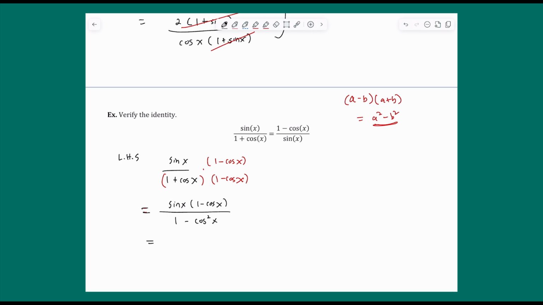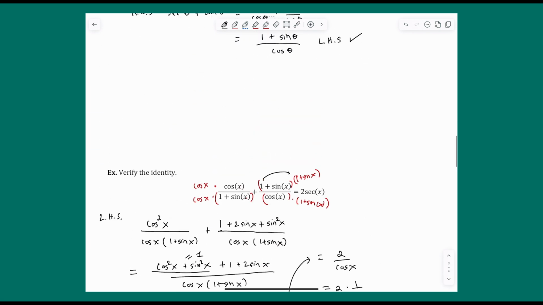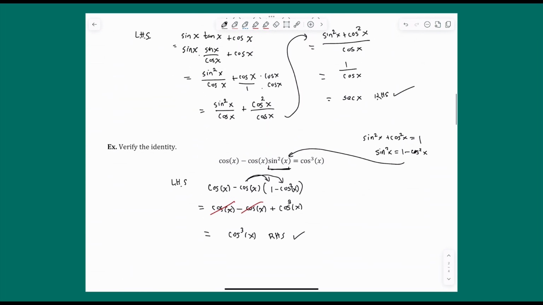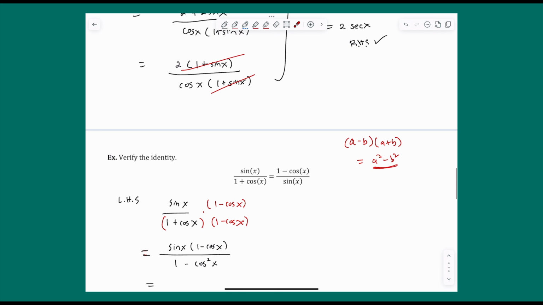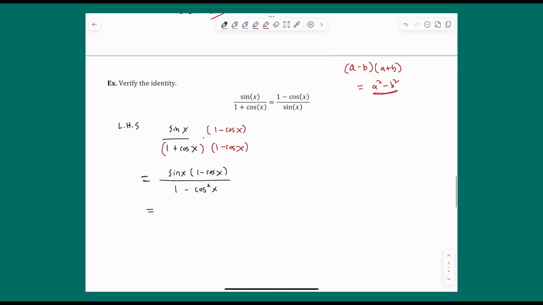And earlier we showed that the Pythagorean identity is equivalent, 1 minus cosine squared of x is the same thing as sine squared of x, where we did that manipulation. Where was it at? Right here. And so we could use that again to rewrite the denominator simply as sine squared of x.